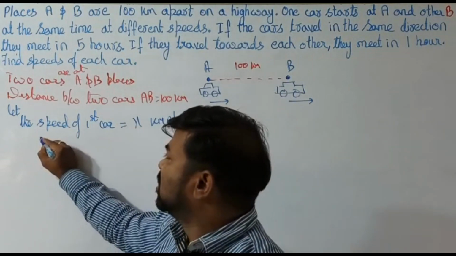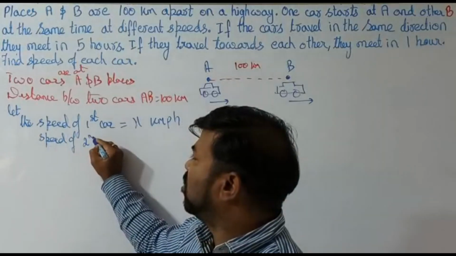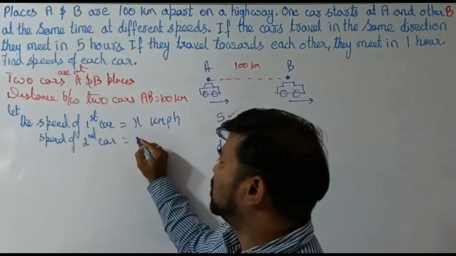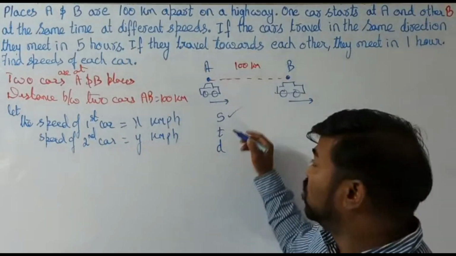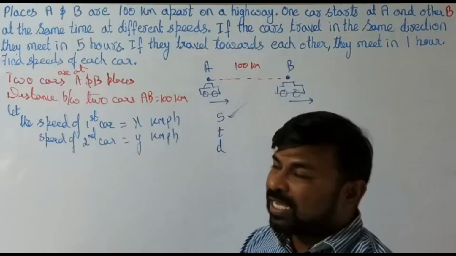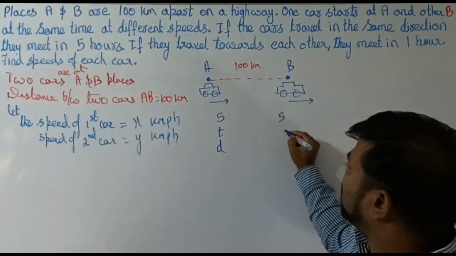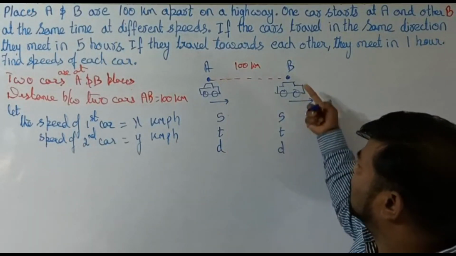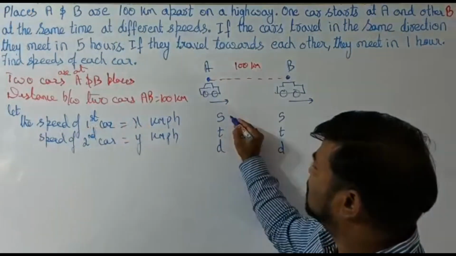In the same way, the speed of the second car, how much are we taking? y kilometers per hour. So we are done with the speed of the first and second car. What is the speed of the first car?